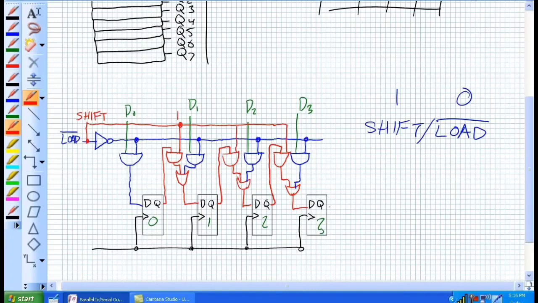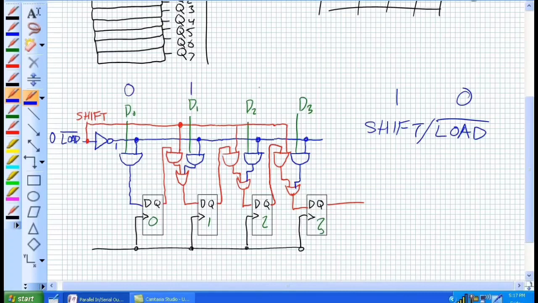Okay, so what I've done here is basically I've done all of the serial out stuff in red and all of the parallel in blue. So let's visit again step by step here. We're given this load line a 0, which makes this a 1, which, what was our number before?